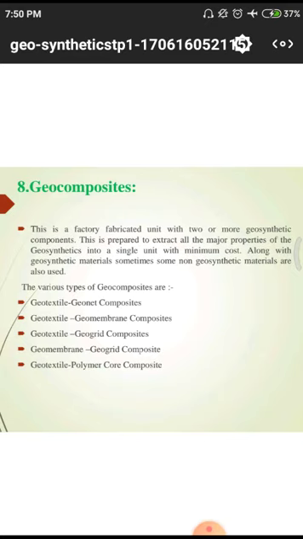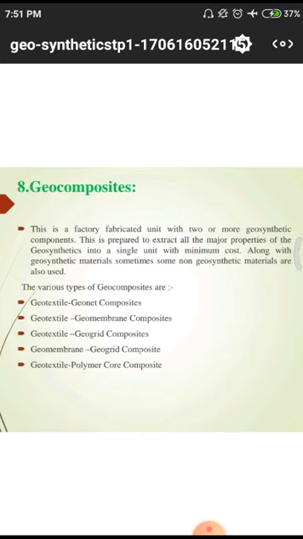The first one is geotextile, which is related to the geonet and these components. After that, we have geotextile with geomembrane composites. And the next one, geotextile with geogrid composites. And the next one is geomembrane with geogrid components. That means the geonet composites are the same and the remaining materials are changing. In the first three conditions we have geotextiles.